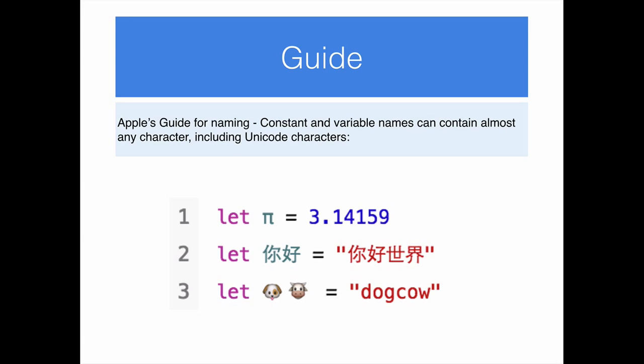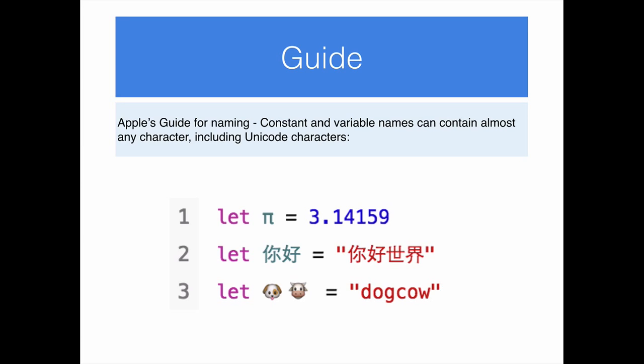We see an example where we can use some lettering here. It's from another language. And we also see that we can use emojis here. And we see that in each one of these cases, this is completely valid.